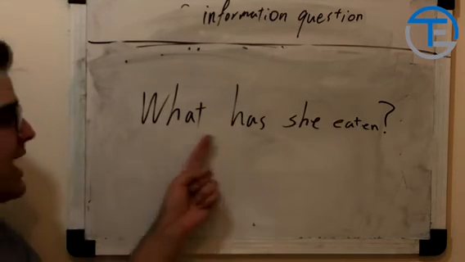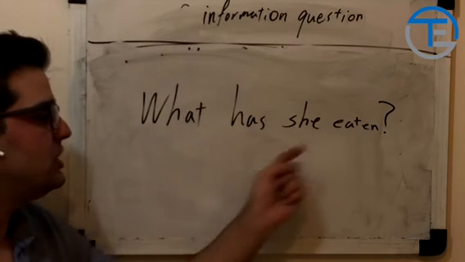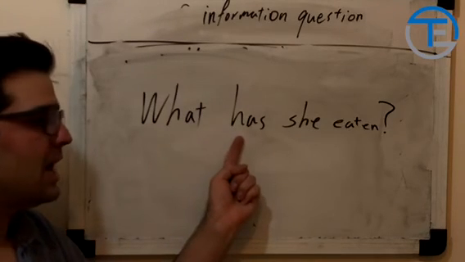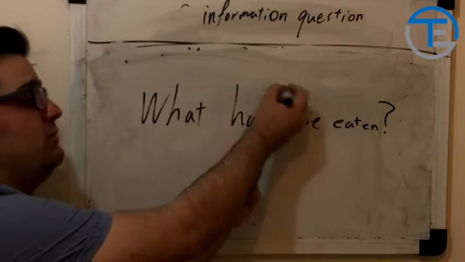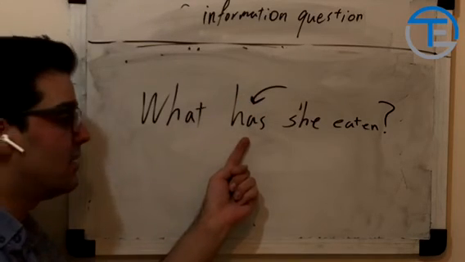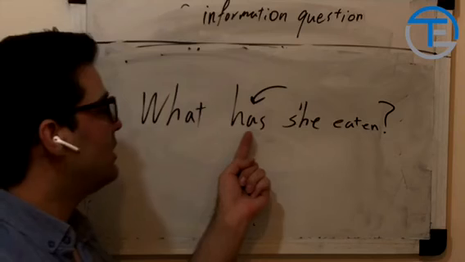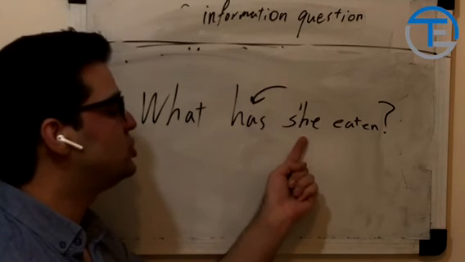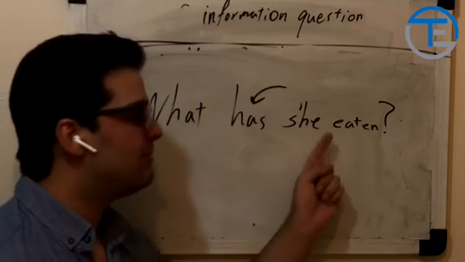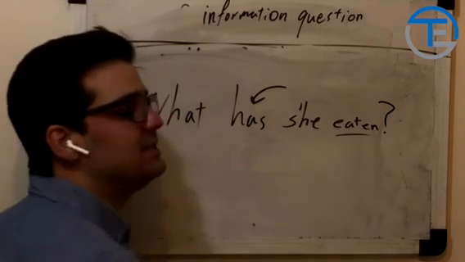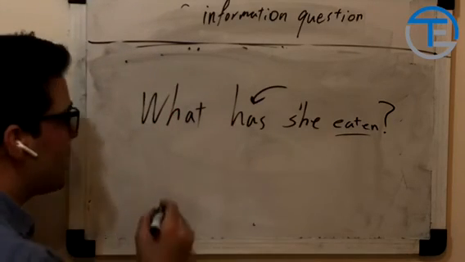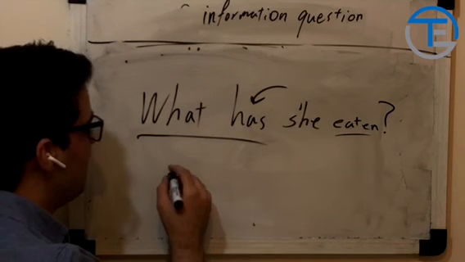This question, what has she eaten? Have or has, because of she, we have to write has, not have. What has she eaten? Past participle of eat is eaten. Okay, you can use contraction again.